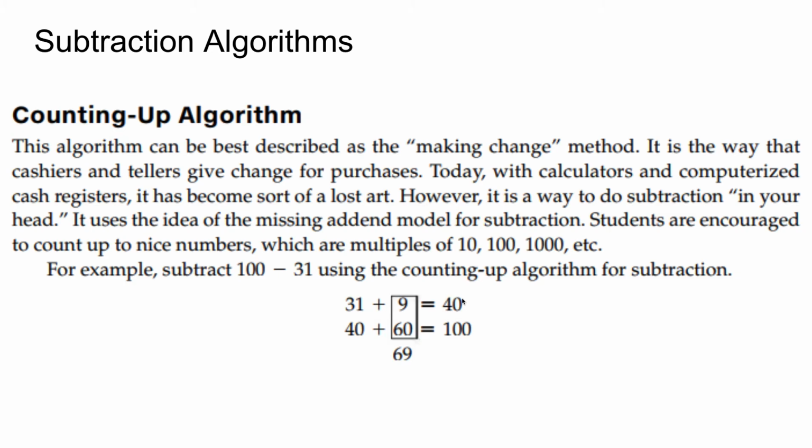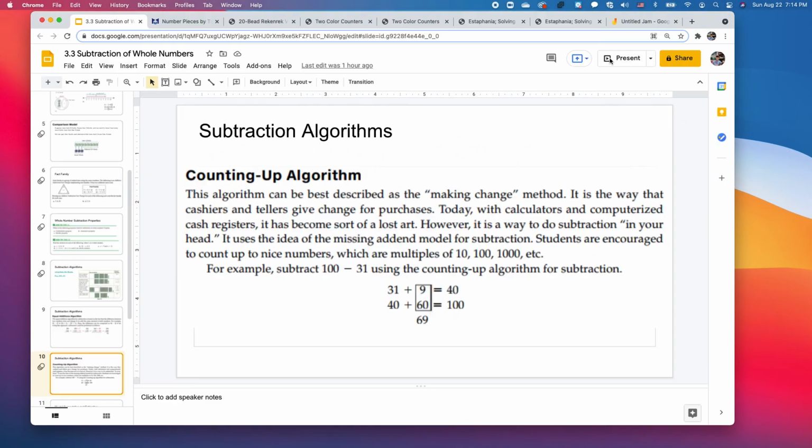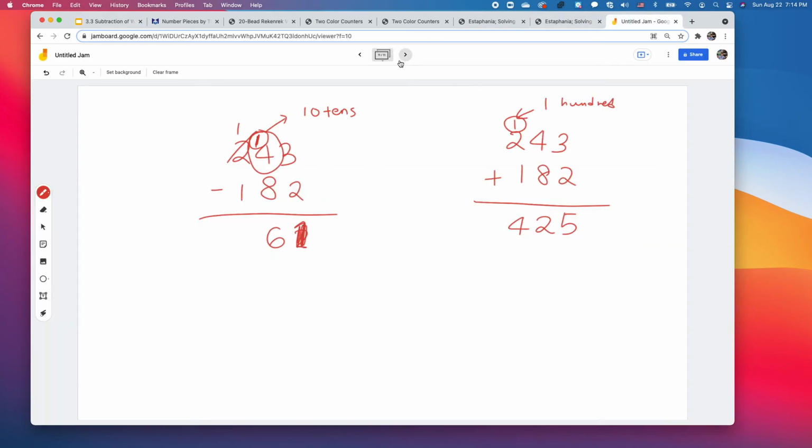And you got 40. To come to 100, you can add 60 more. What did you add so far? 31 to 9 and 40 to 60. So 69 is added. That's how much exactly you subtracted. Let me explain this a little bit better. 100 minus 31.